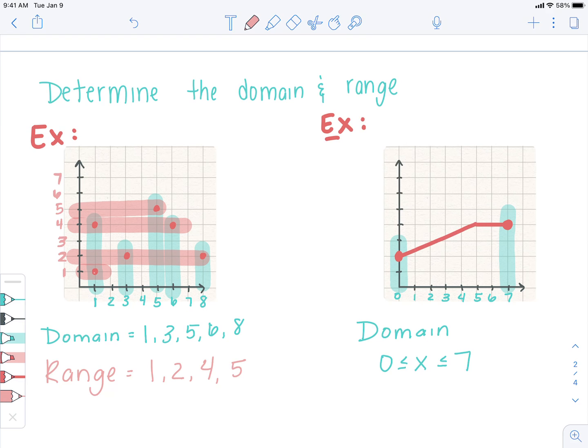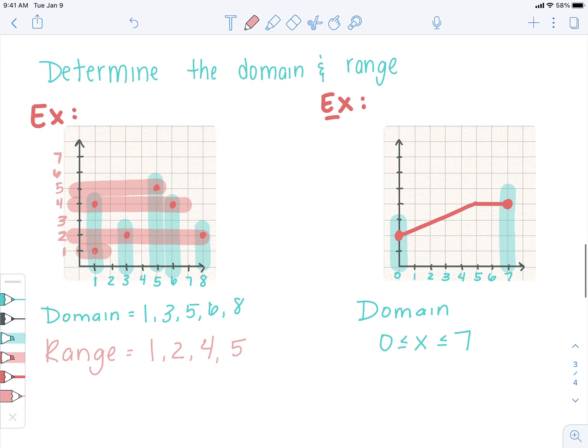If I'm talking about the range, I'm going to do the same thing. I want my y values. So I want my first y value and my last y value. So if I'm looking here, let's see, I've got 1, 2, 3, 4, 5, 6, 7.